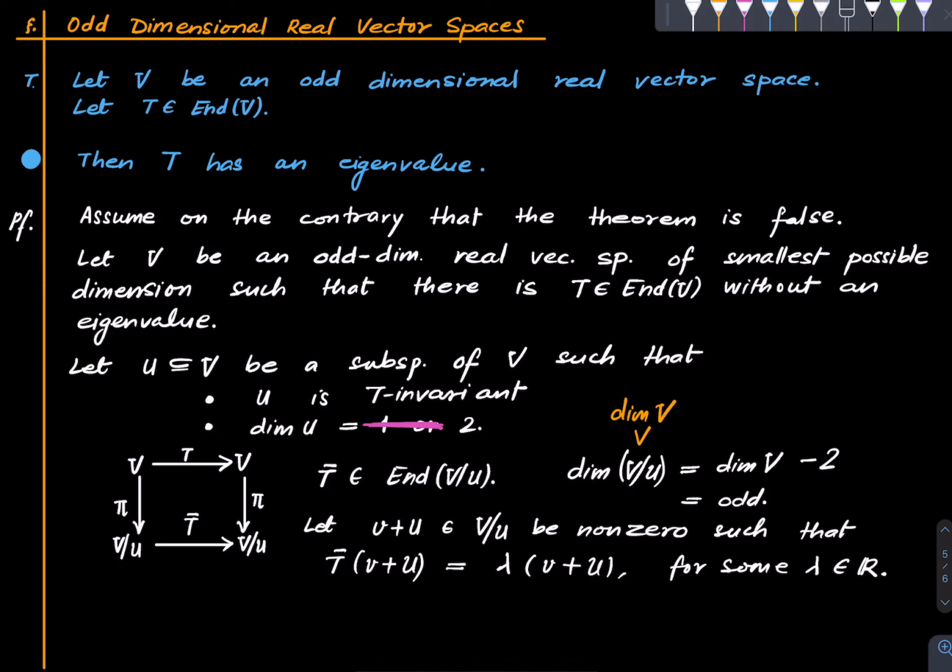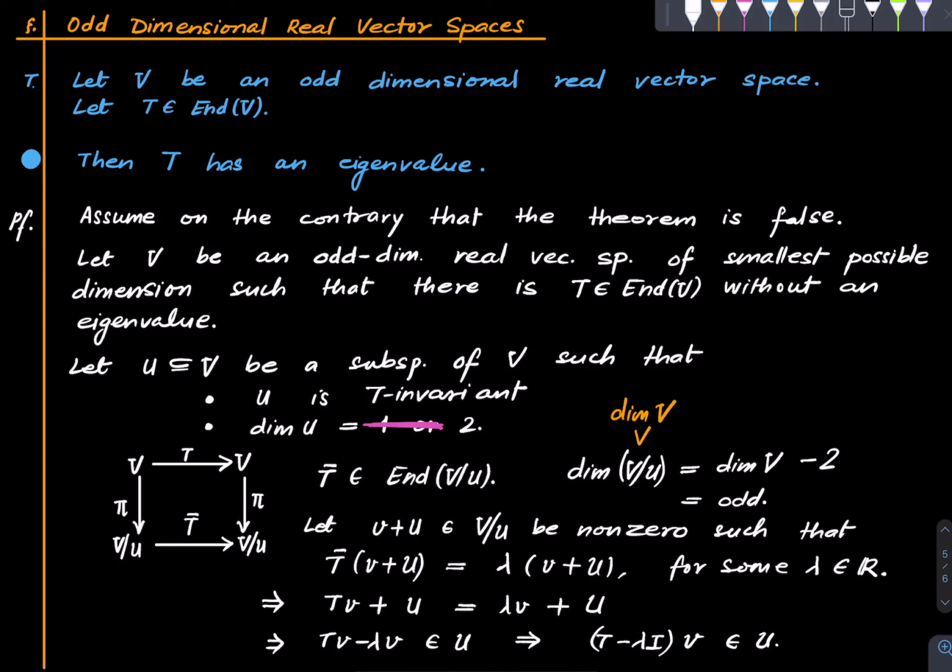Right, all we are using is the fact that this has an eigenvalue, call it lambda, so there is a non-zero vector in the vector space such that this equation is satisfied. So if you just use the definition of T bar, this gives that Tv plus U equals lambda v plus U. That's how quotient spaces behave. So this means that Tv minus lambda v is in U, which implies that (T minus lambda I) applied on v is in U. Okay.